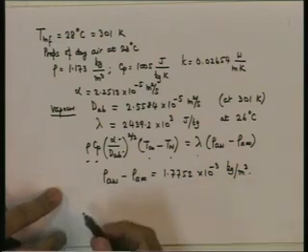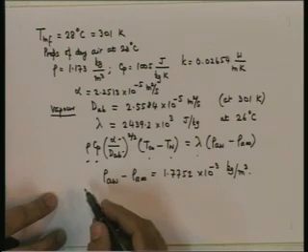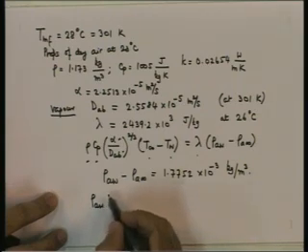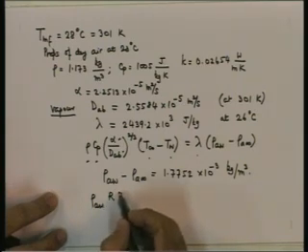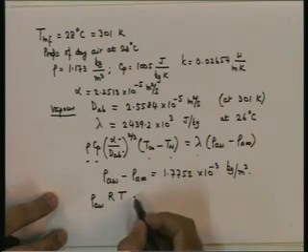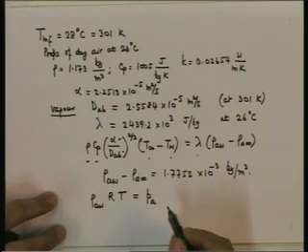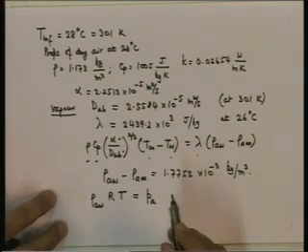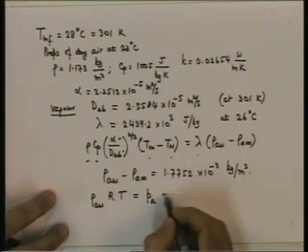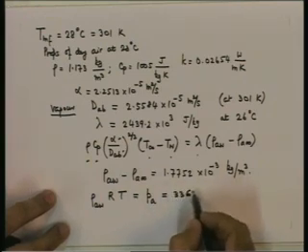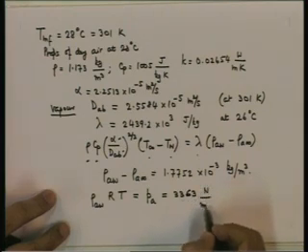Now to determine rho AW, we have rho AW into R into temperature equal to the partial pressure of water vapor. Now this is at the wick temperature, and at wick temperature this from steam tables is 3363 newtons per meter square.